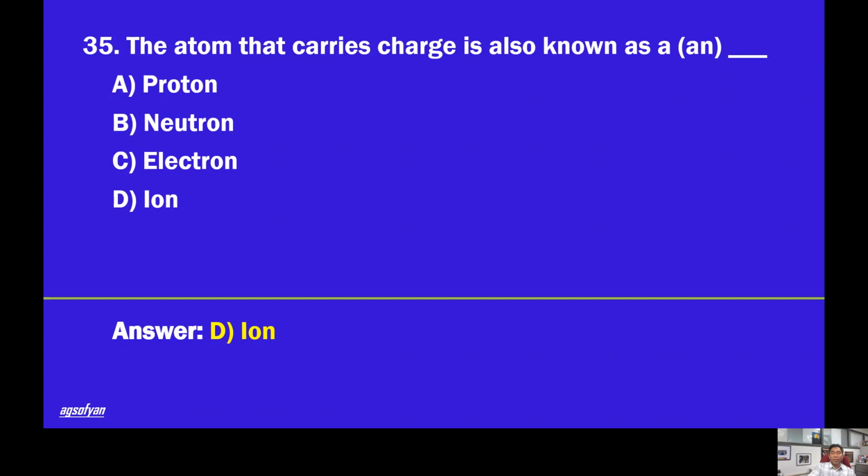But sodium will lose, okay, sodium actually loses one electron and becomes a sodium ion, which is positive, right? Positive charge.